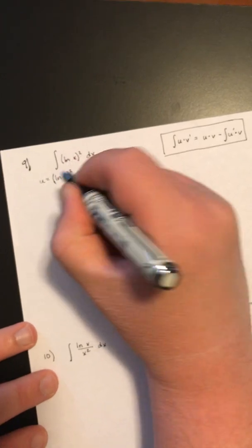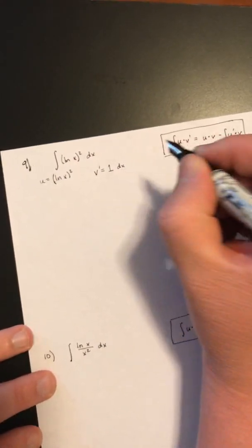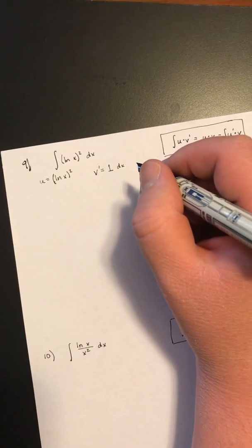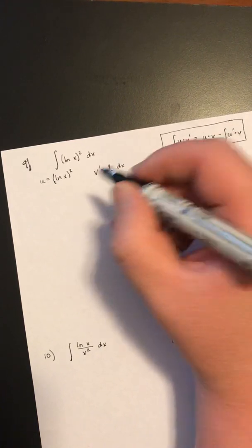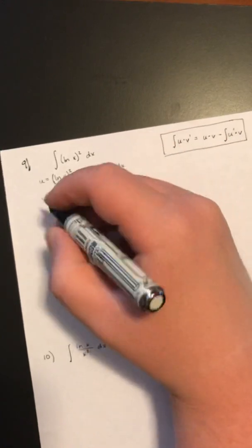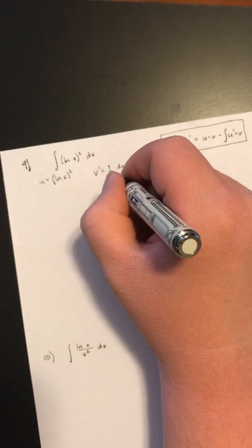And the v prime I'm going to use is actually going to be 1. That's actually a pretty common trick. If you notice, I did something like this earlier with the inverse tangent formula, because when I do this, I actually get a nice pretty fraction out as its derivative. Think about the chain rule here for a second.